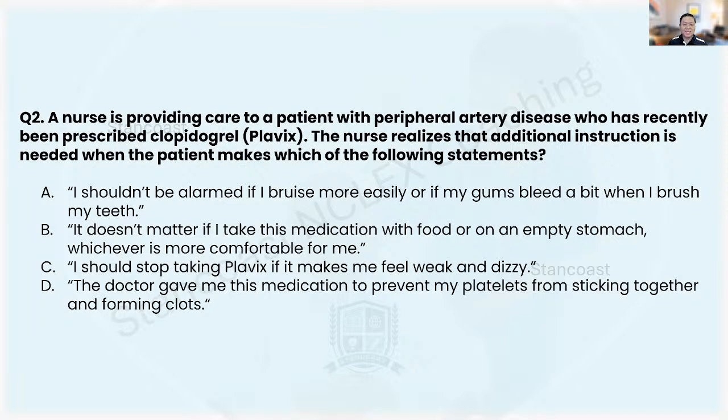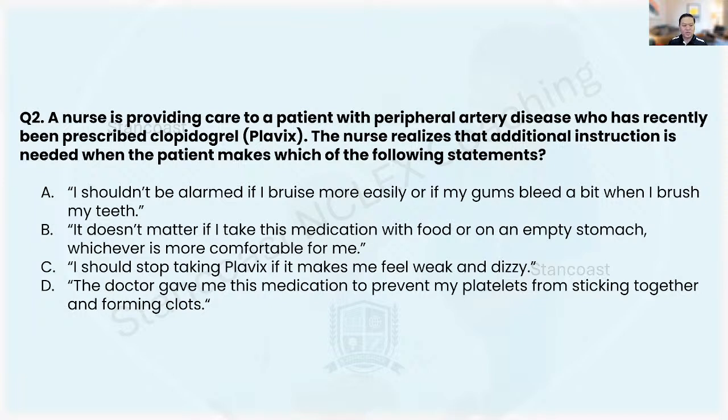Or B, it doesn't matter if I take this medication with food or on an empty stomach, whichever is more comfortable for me? Or C, I should stop taking Plavix if it makes me feel weak and dizzy? And D, the doctor gave me this medication to prevent my platelets from sticking together and forming clots.